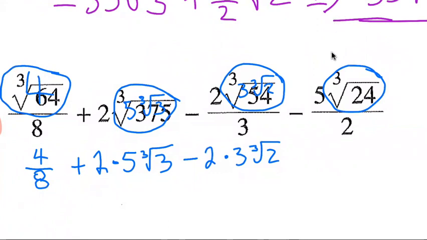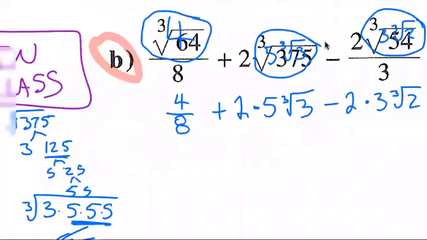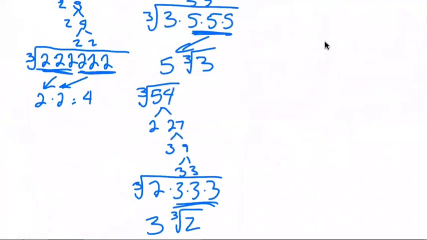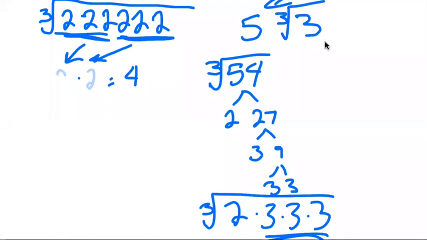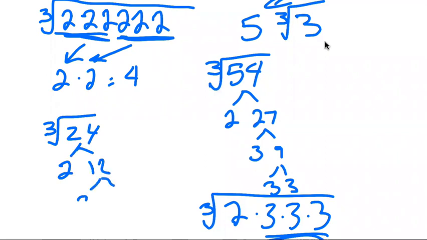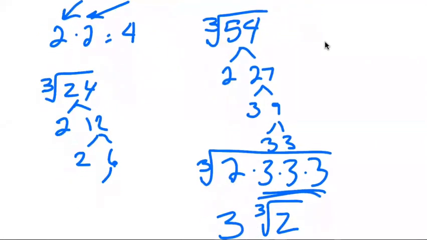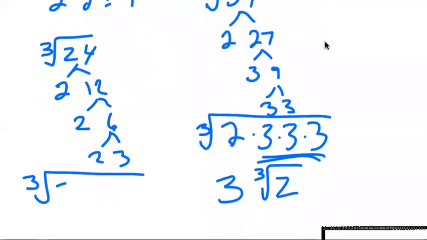Now we have one more to simplify, the cube root of 24. Again, somewhere I'm doing my scrap work. The cube root of 24 is 2 times 12, which is 2 times 6, which is 2 times 3. So that's the cube root of 2 times 2 times 2 times 3.